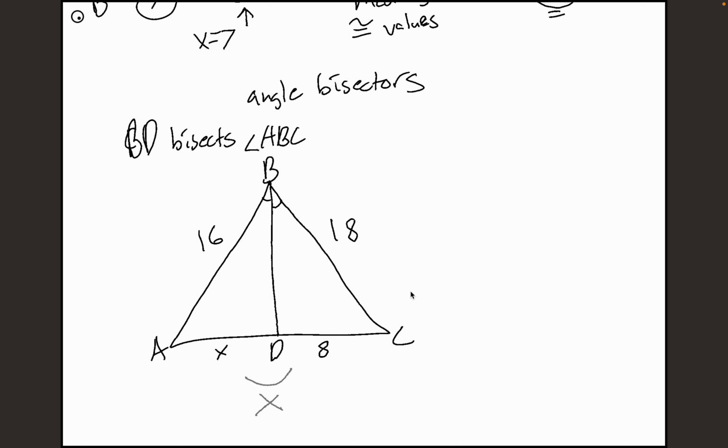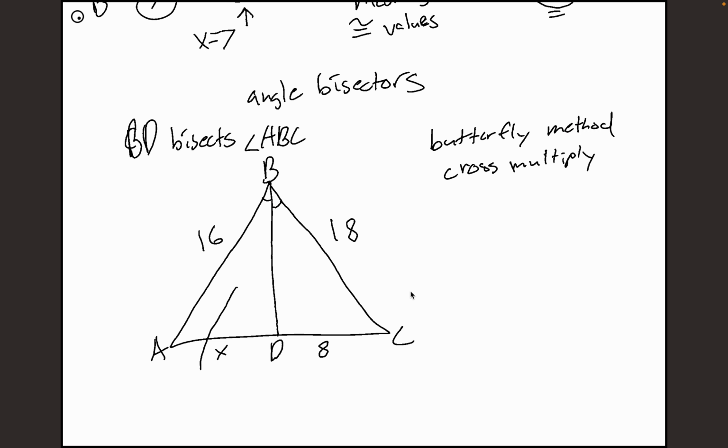So they are not. But when we solve this, I want you to think of the butterfly method. And that is the way I want to teach you guys this problem. So, butterfly method, or we're just going to cross multiply. So what's going to happen is I'm going to circle x and 18 just like this.